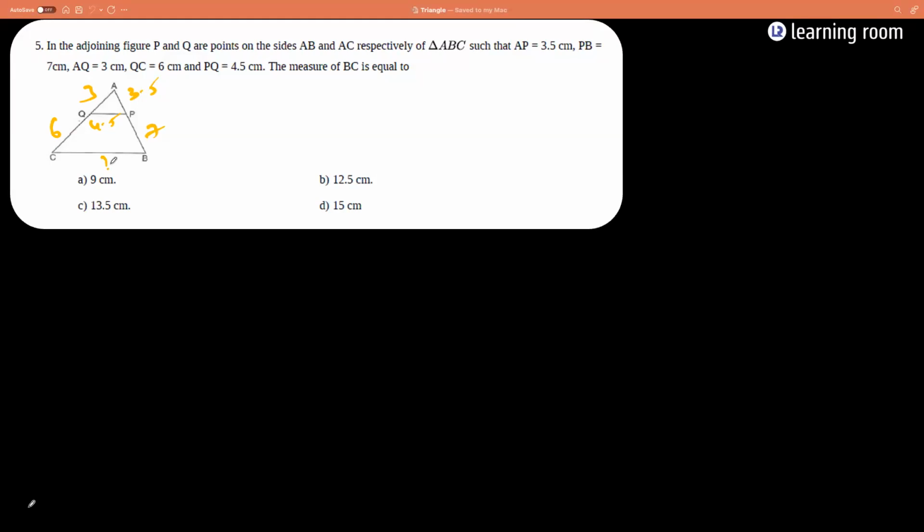No. Actually, 9 because you're saying that all the sides are in ratio 1:2. Yes, sir. It's not right. It's not right because of one small logic you missed.